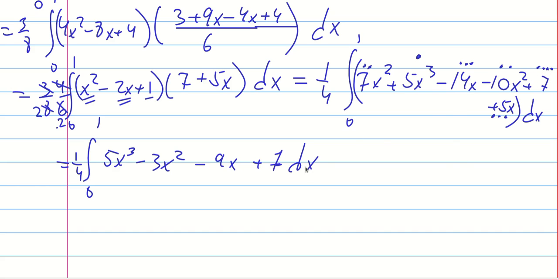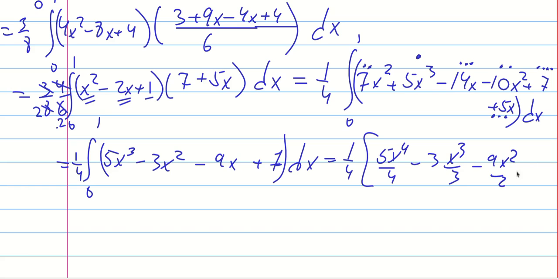All right, so final step is we have 1/4, we have 5x to the 4, we have negative 3x cubed over 3 minus 9x squared over 2 plus 7x evaluated from 0 to 1. And since each term has x, if we plug in 0, everything will 0 out. So we plug in 1.